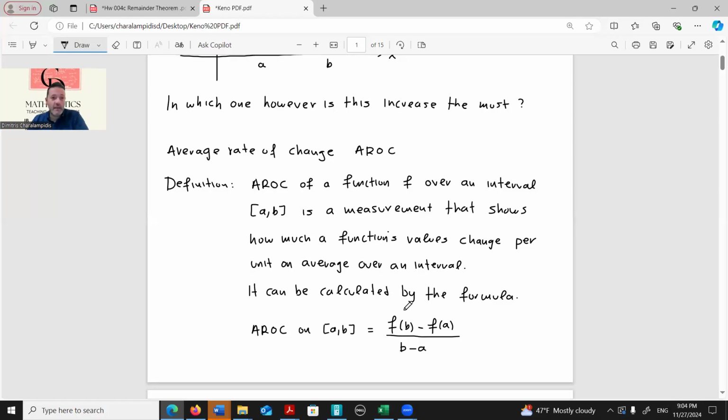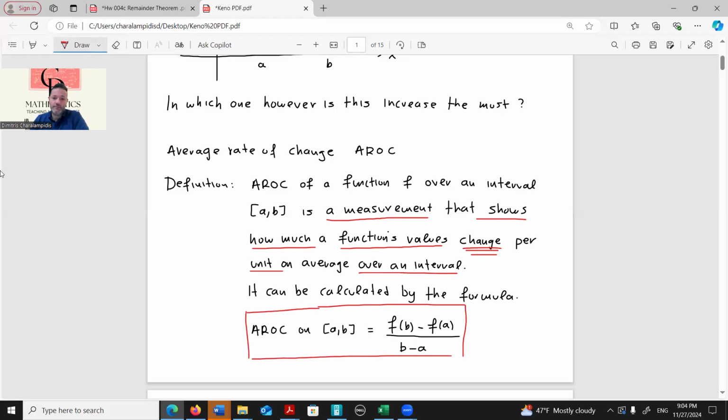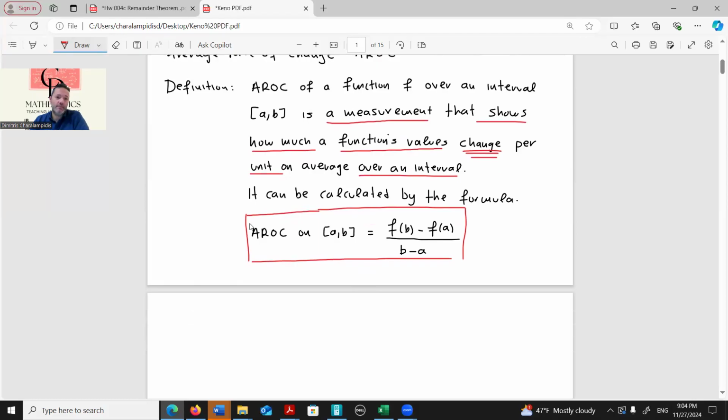So once again, the key points are that the average rate of change is a measurement that shows how much a function's values change per unit over an interval, and secondly, it can be given through this formula.